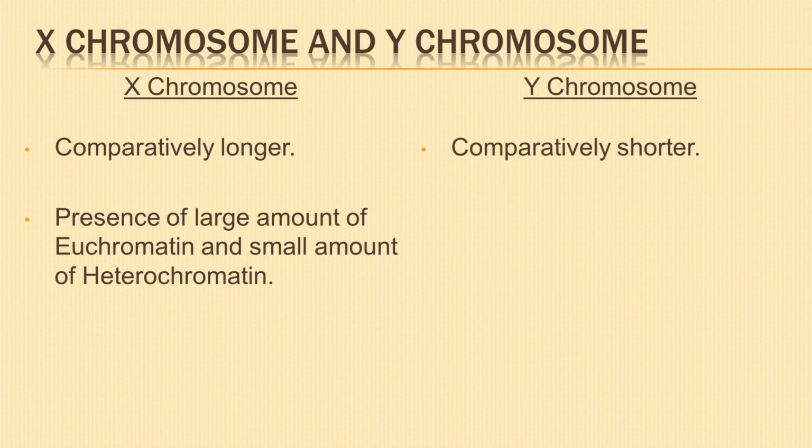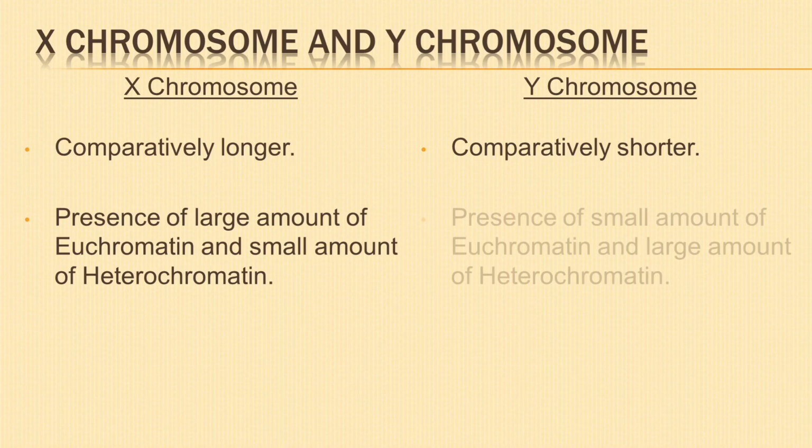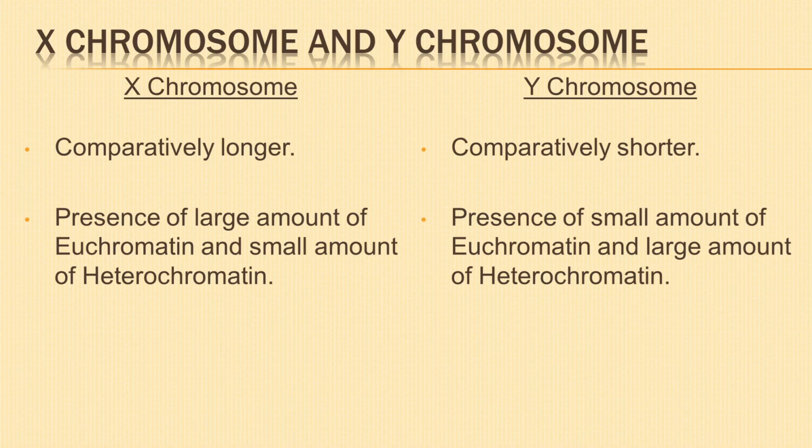X chromosome contains a large amount of euchromatin and a small amount of heterochromatin, while Y chromosome contains a small amount of euchromatin and a large amount of heterochromatin.